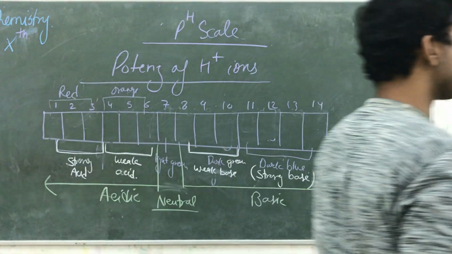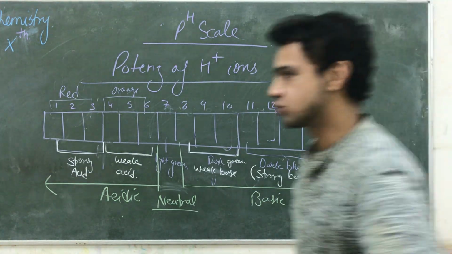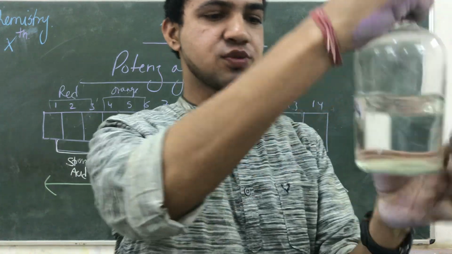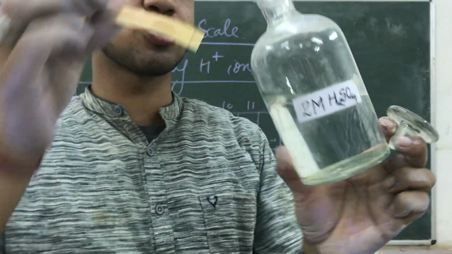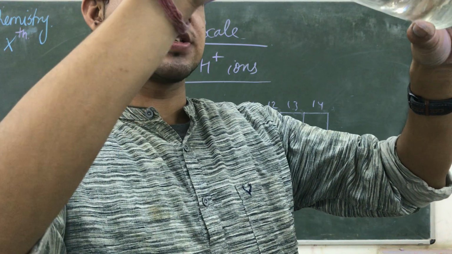I am going to dip this paper inside a basic solution. Wait, I'm showing you a basic solution also. We are performing this experiment first with acids. This one is sulfuric acid, H2SO4, and we are going to dip this paper inside the acidic solution.